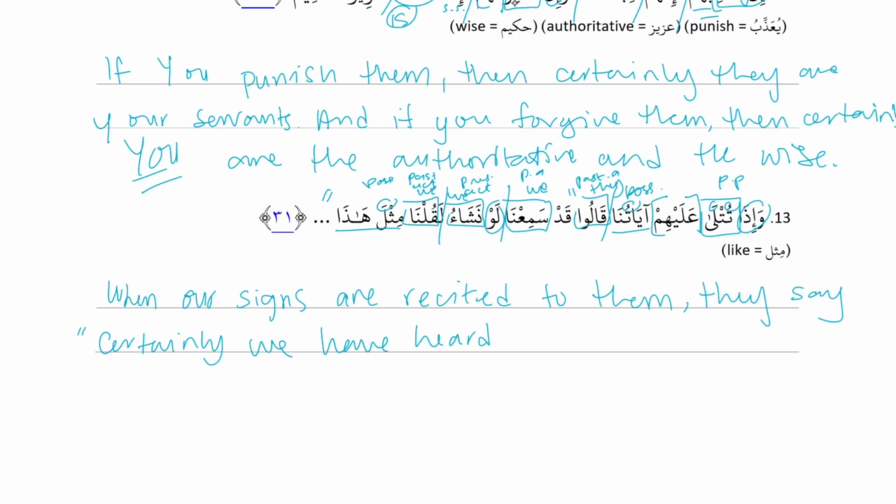And then law nasha, that's a new sentence. Nasha is present, but we're going to translate it as past because of law, right? So we're starting another conditional sentence. Had we wished or willed, past because law pushes to the past. Had we willed, we would have said something like this.